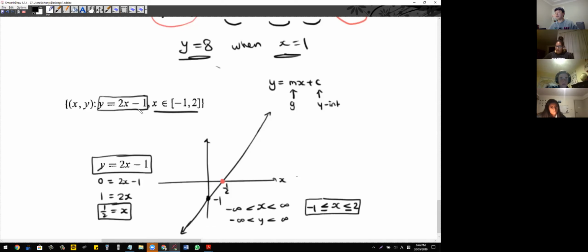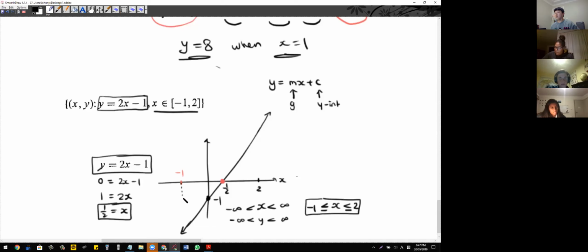So this is read this way: set of xy coordinates such that y equals 2x minus 1 and x is an element of -1 to 2 inclusive. So all we have to do is, all right, so where is x equals -1? This is x equals -1. Where is x equals 2? So 2 is somewhere around there.